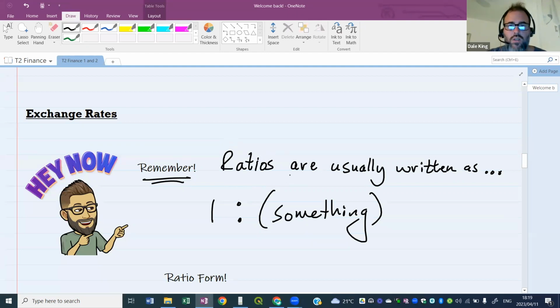And remember, ratios are usually written as 1 is to something. So 1 is to something over here. So you often see exchange rates written in the same way. But now the word rate is a special word.